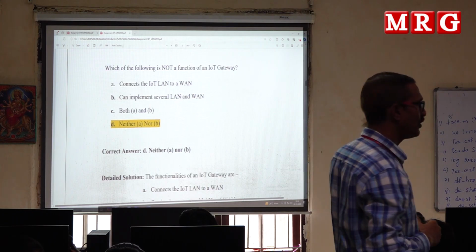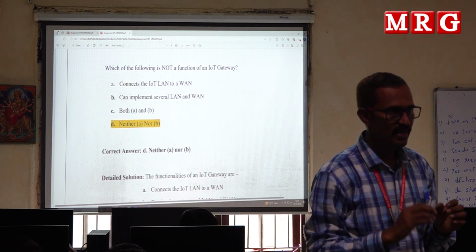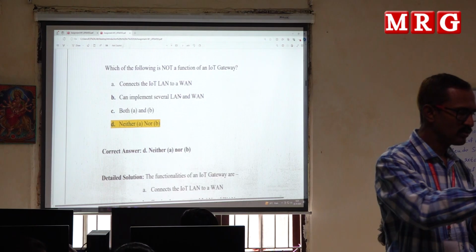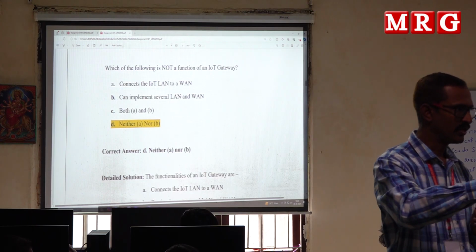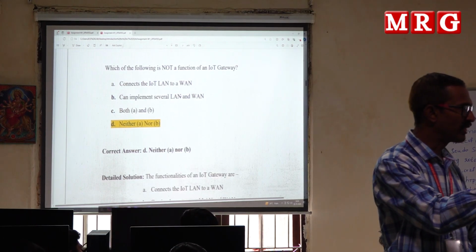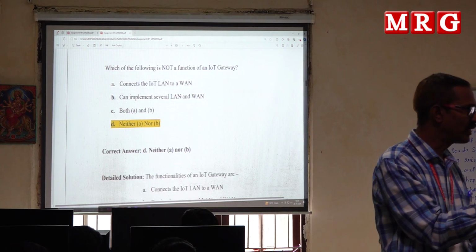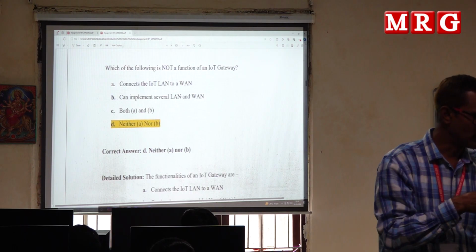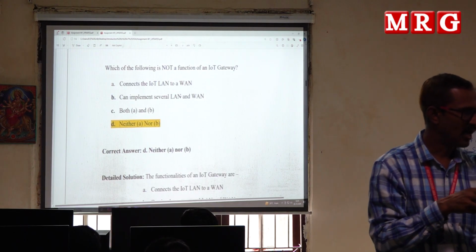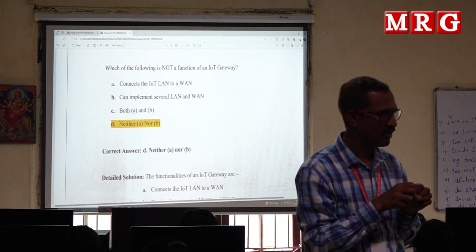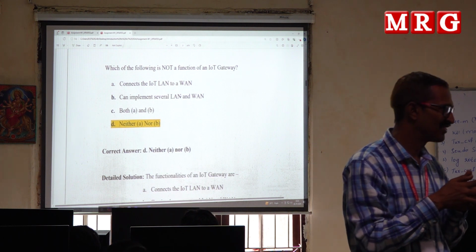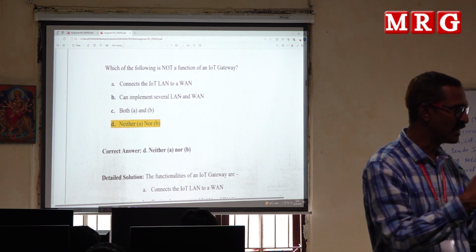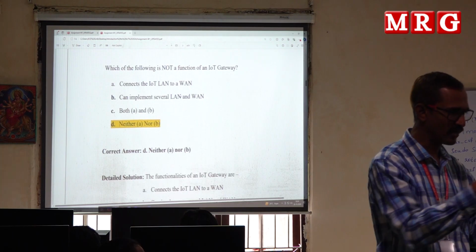And connecting LAN to WAN. Why is it connecting LAN to WAN? Suppose I have so many sensors placed in one region. All of them are connected in a network because I have to collect data together. Right? Suppose there are 5 sensor nodes connected here. I have to collect data from 5 nodes. They are in a network now. They are connected to the central node. That means they are all in the network.